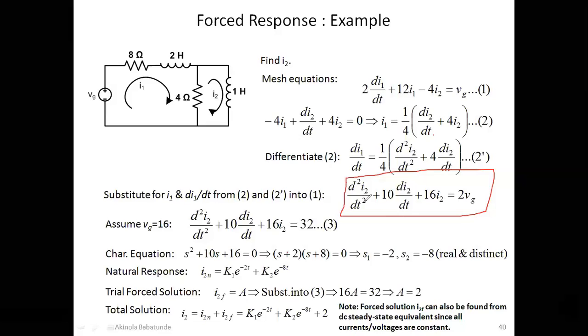When you're writing this, you don't want to write it in terms of I1, because what we're looking for is I2. So it makes sense to make I1 the subject of the formula, write I1 in terms of I2, and then replace all I1s in the first equation, and with that equation that has I2, you can then have your final equation. That's what we're doing here right now.